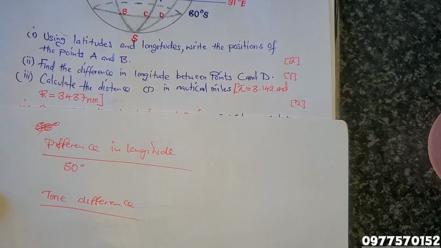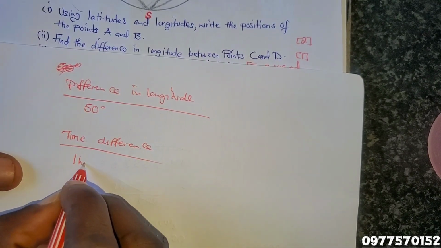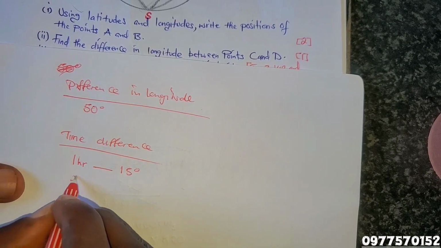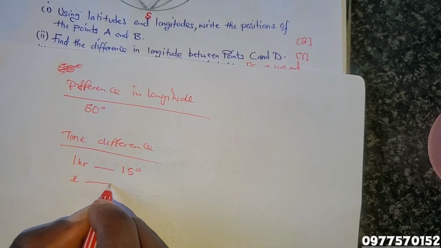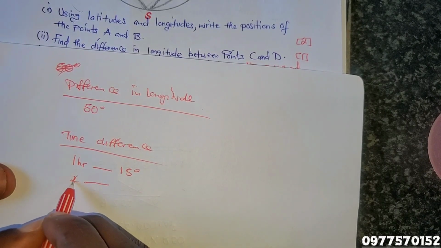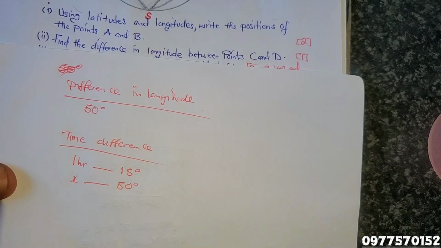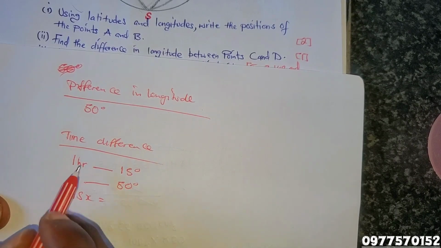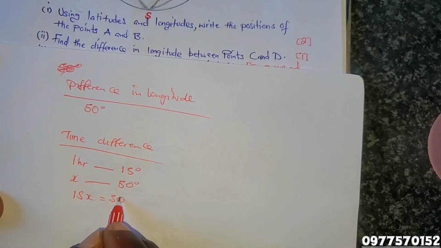Now, time difference is this one. 1 hour is equivalent to 15 degrees. Then x hours, we want to find the difference in time, is equivalent to 50 degrees. Then we cross multiply. When you cross multiply this times this, it will be 15x is equal to 50.